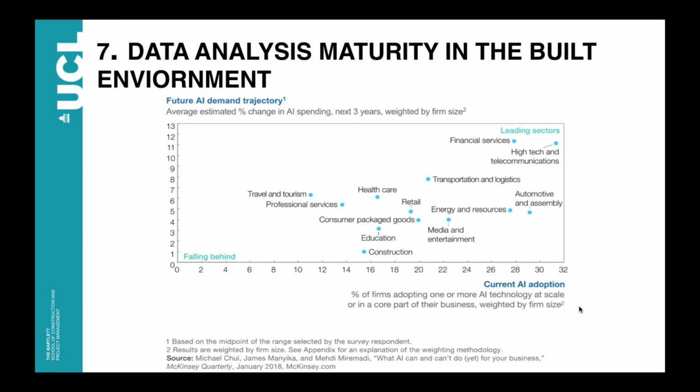You can see in this chart that the AI adoption and demand trajectory for the construction sector is not much better. It's not very good compared with many other industries. So it means that there is still much work to do if we want to digitalize the construction sector.